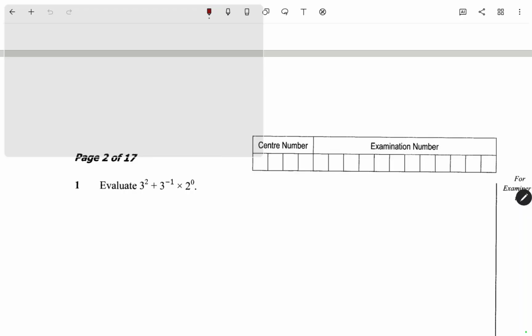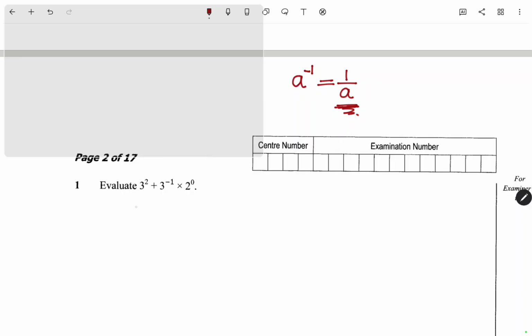So here, evaluating again, we're finding a value. Now, this one is a little bit different. It also requires that we know some laws of indices. So, according to one of the laws of indices, if you have any number or variable raised to the power negative 1, this is the same as 1 over a. Evaluate this one.